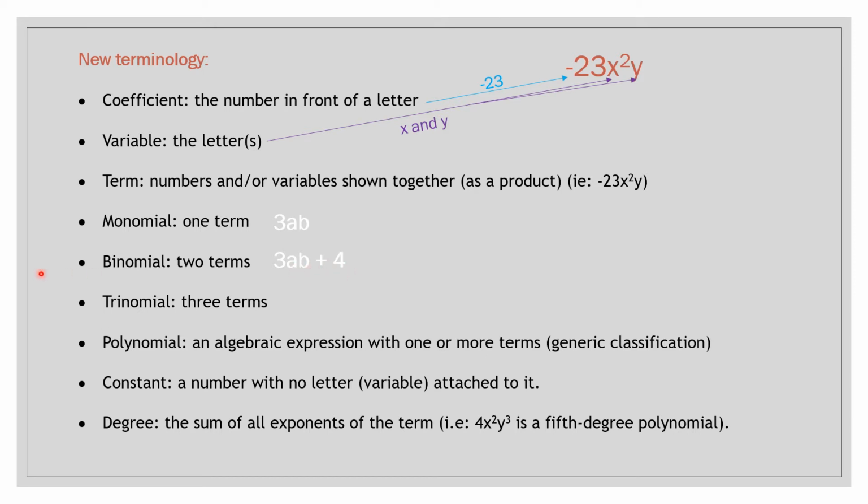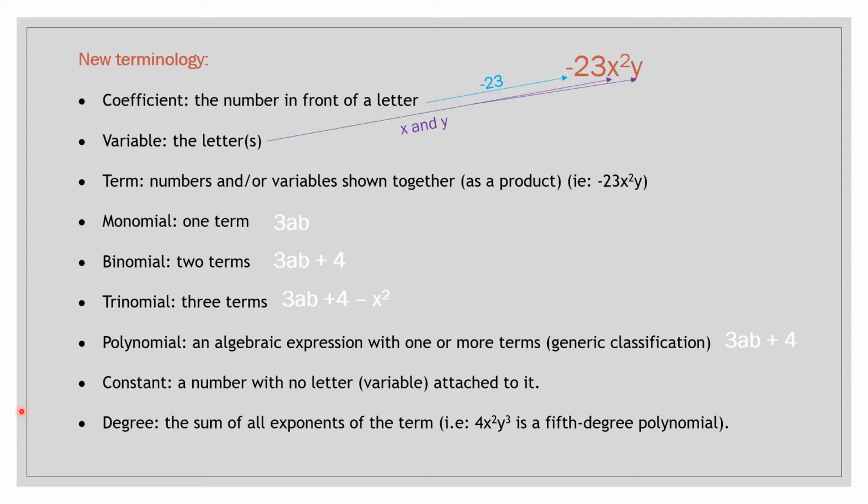That makes it two terms there. Trinomial is three terms, so again, you have a plus or minus sign separating a term. A polynomial is just a general term we use if you have one or more terms. So I could call any of these polynomials. So 3ab plus 4, that's a polynomial.